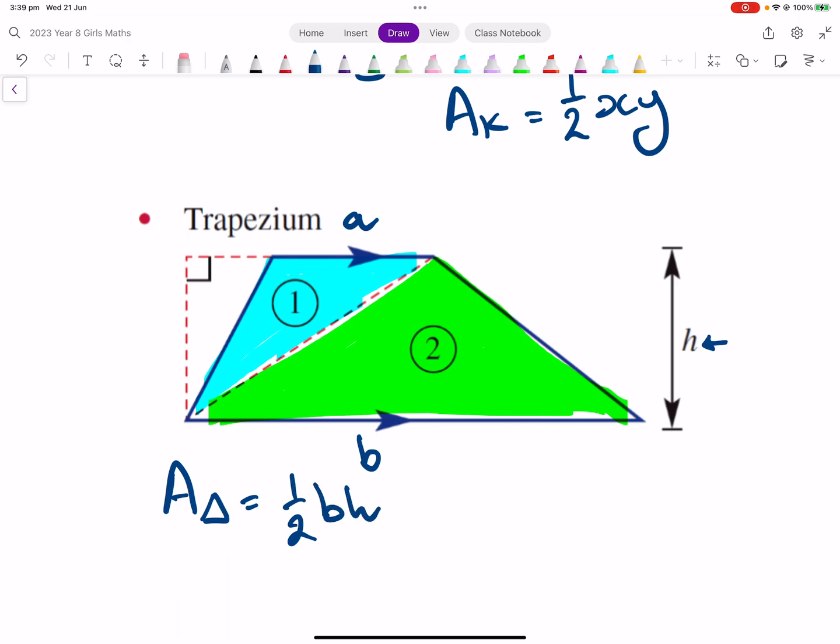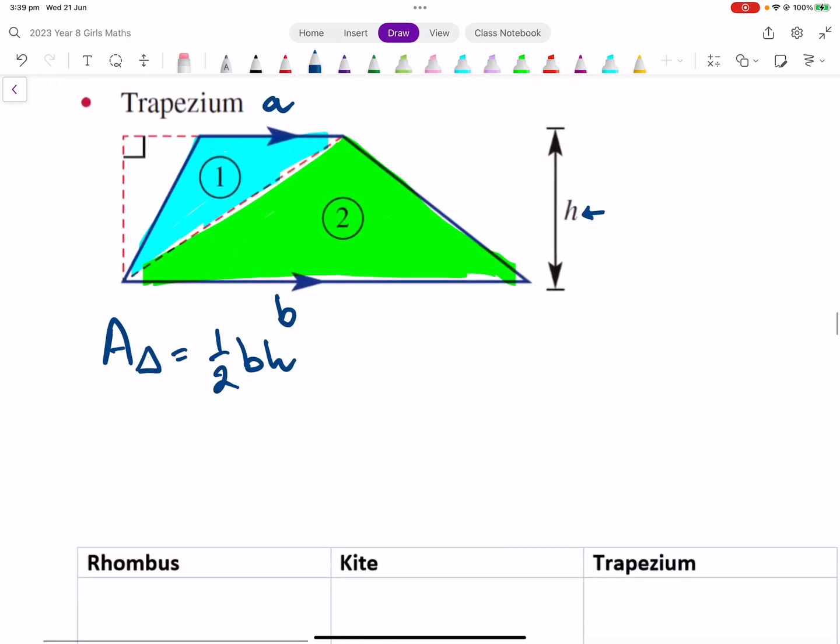So if we can work out the area of each of these triangles, and then add those together, hopefully we're going to get to the area of a trapezium. So the area of triangle 1 is a half. Now what's its base? Its base is A, and its height is H. So the area of triangle 1 is a half A H.